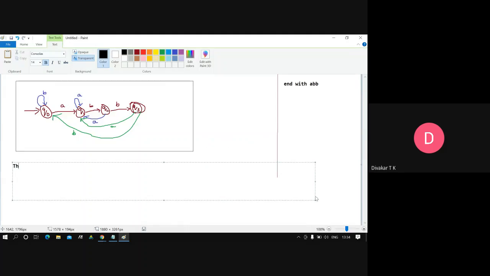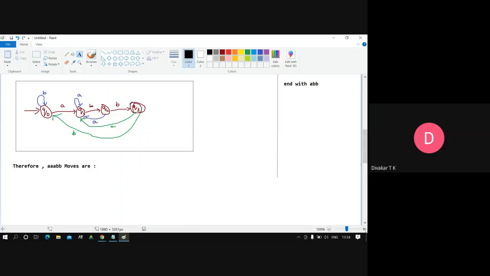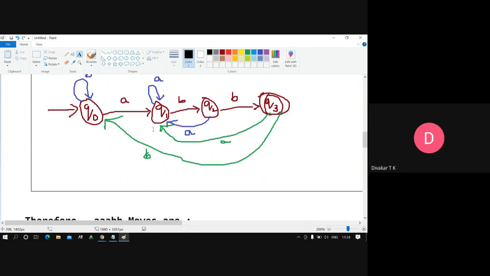Now, triple A B B, that is what we want. So I will show that part now. Easy part, how to write. See, I'll take orange color here.